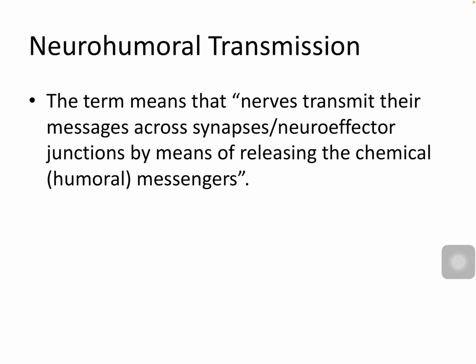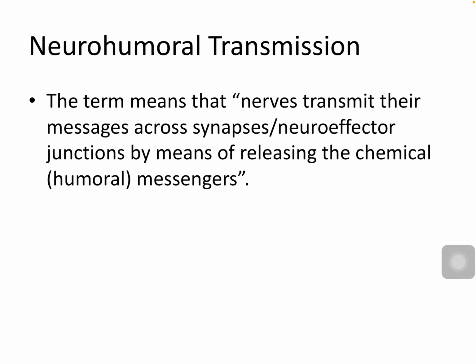So moving on, neurohumoral transmission. Just two slides back I told you that we will be talking about neurohumoral transmission in detail. What is it? First the terminology. The term means that nerves transmit their message across the synapse or junction by releasing chemical substances or chemical messengers.